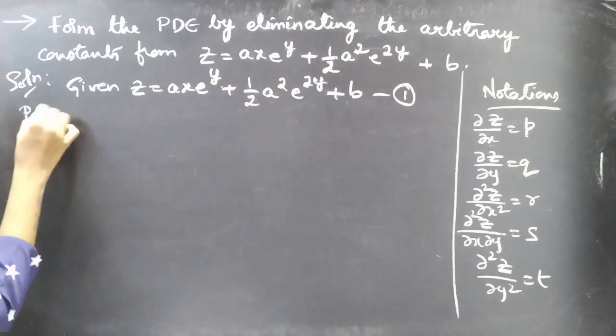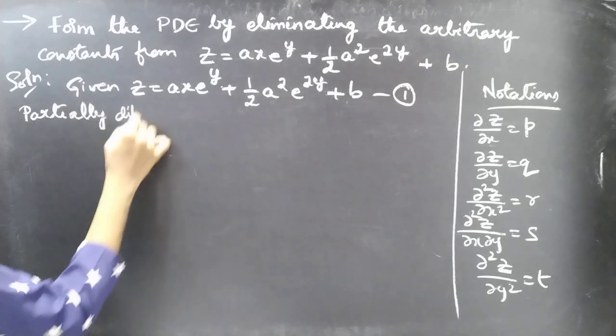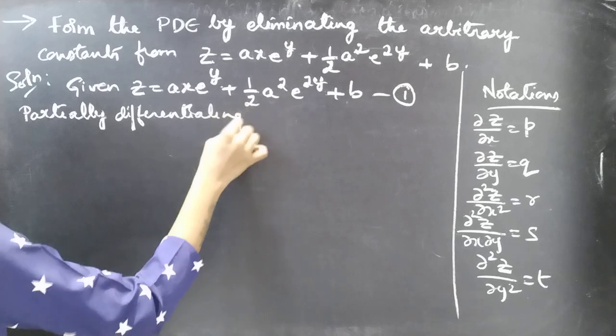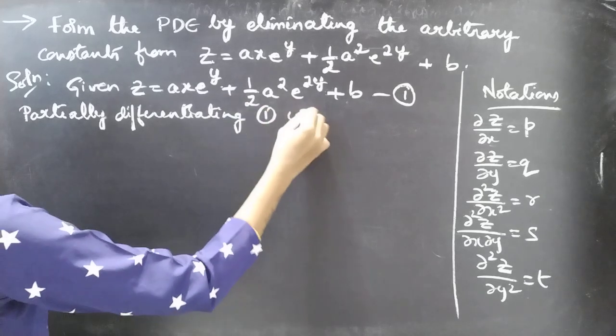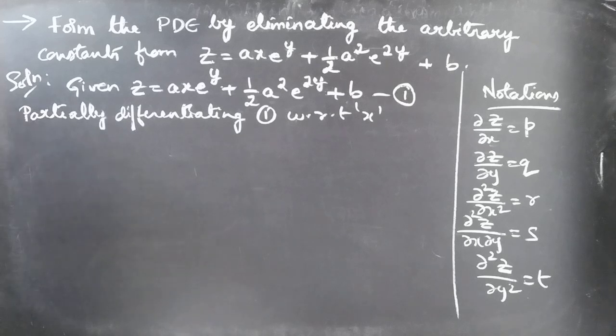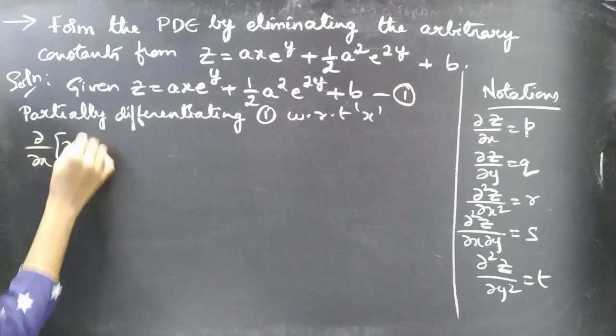Partially differentiating 1 with respect to x. Here we treat y as constant. Just apply dou by dou x on both sides of 1.